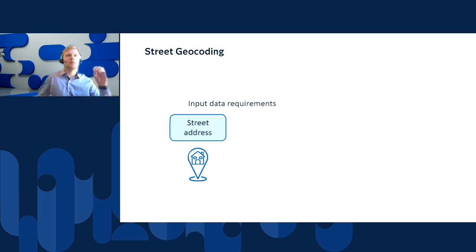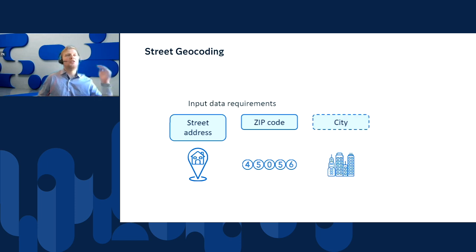It does not work globally the way some other geocoding methods do, but it does work for the US and for Canadian addresses. Now, the input data needs to have both a street address and a zip code at a minimum, but just like we saw with Esri, containing additional levels of geography will make the results better. So containing things like city and state will increase your chances of finding a match.